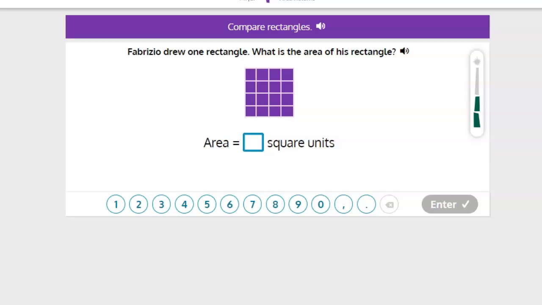Let's compare rectangles. Fabrizio drew one rectangle. What is the area of his rectangle? As you're looking at this, I want you to go back and think, what are the square units, or how much space does this shape take up in square units?